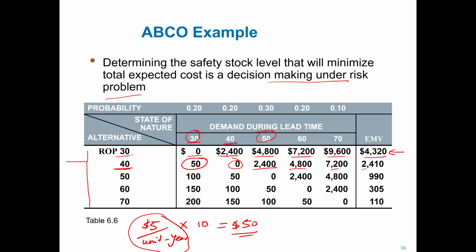And then we calculate the expected monetary value by just multiplying these numbers. Let me show how this is calculated.